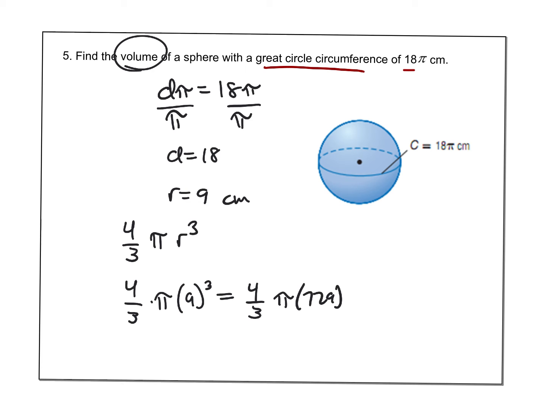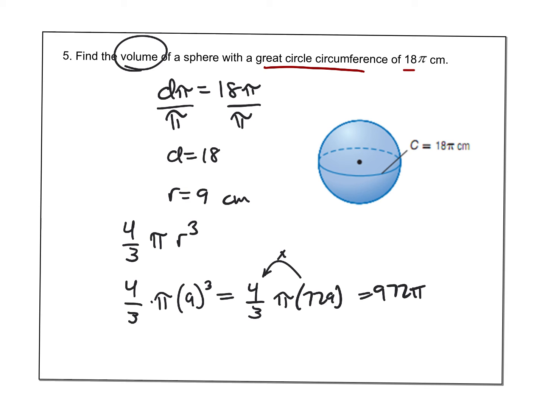Now there's a couple different ways you can do it. You can put it all into the calculator at once. I know a lot of students will multiply those two first and get 972 pi. So it's kind of up to you what you feel comfortable with.